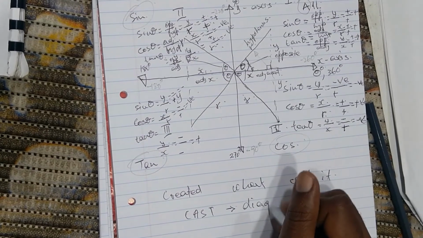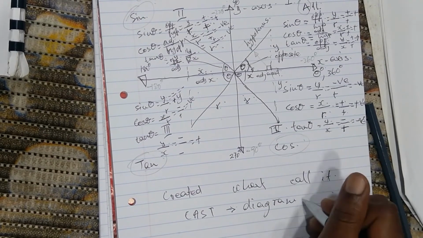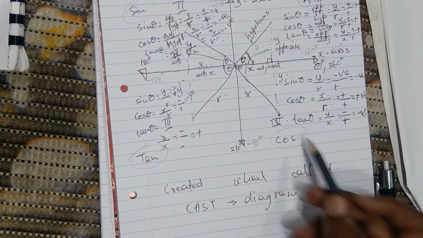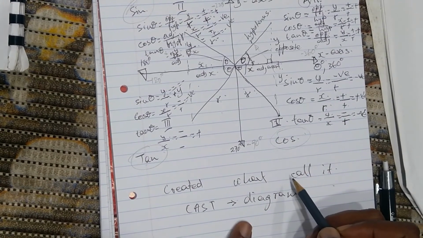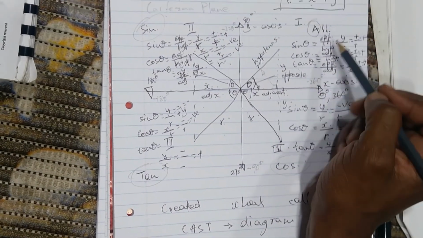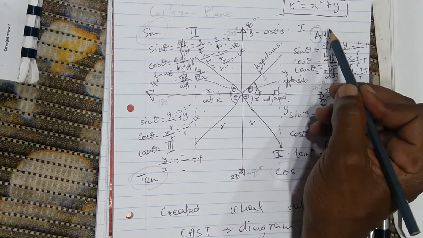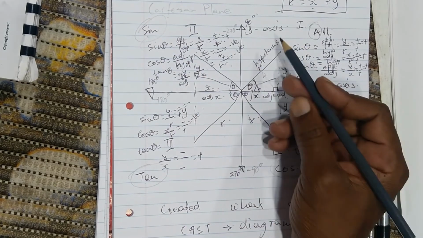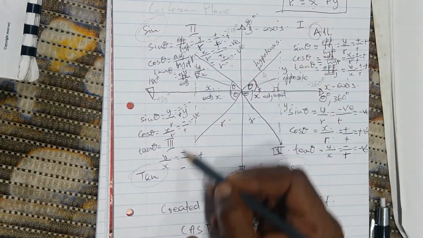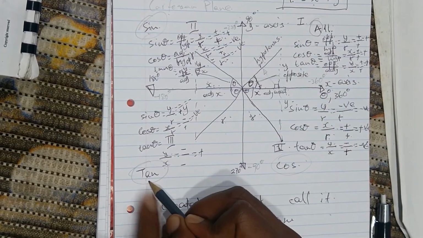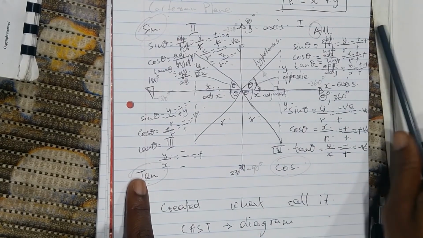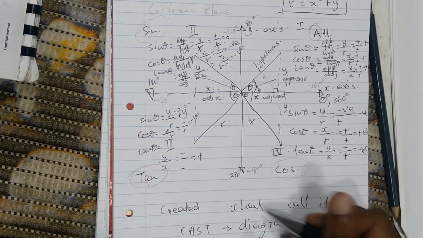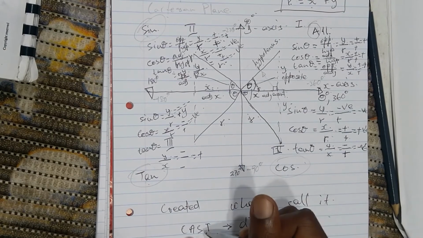For those of you who live around Cape Town, the teachers may have explained that CAST diagram as "all stations to Cape Town". But basically that is what we call it.